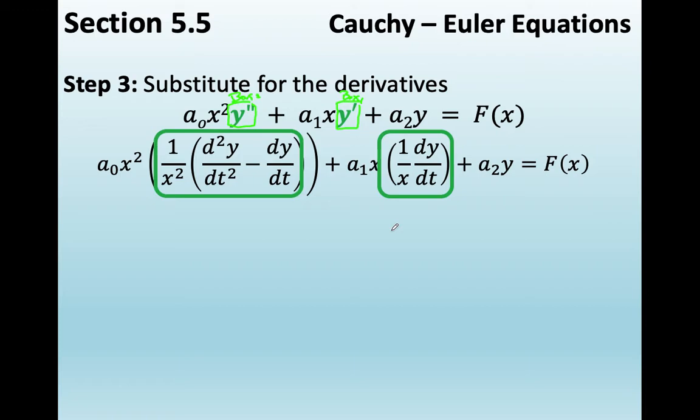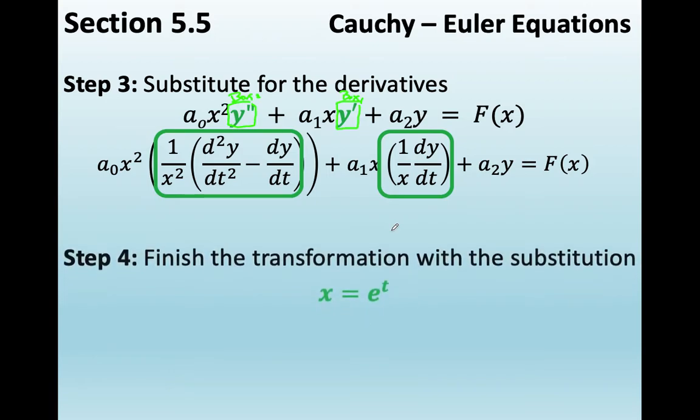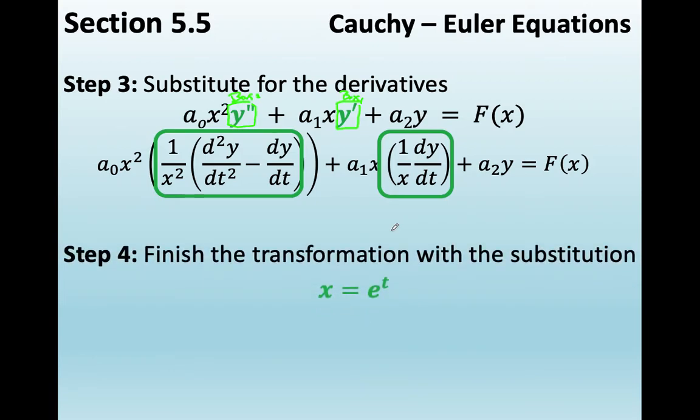I was all in x's, but now I've started to introduce t with the chain rule, and I replaced y double prime and y prime. But now I have to finish the transformation by putting in x is equal to e to the t. So I'm going to have to put e to the t here, and square it, e to the t here, and I hope you see what happens.